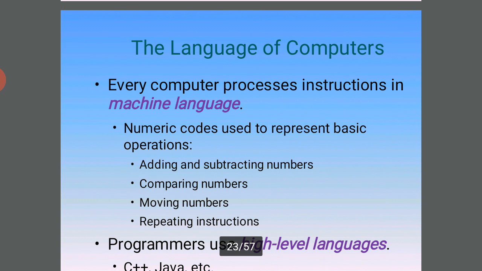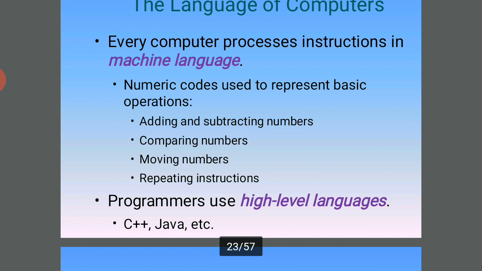Now the language of computers. Every computer processes instructions in machine language, and numeric codes are used to represent basic operations, like adding and subtracting numbers, comparing numbers, moving numbers, and repeating instructions.